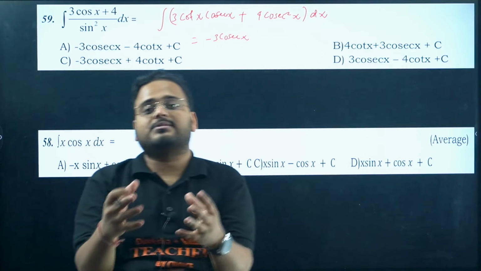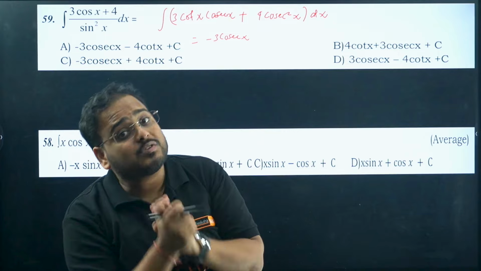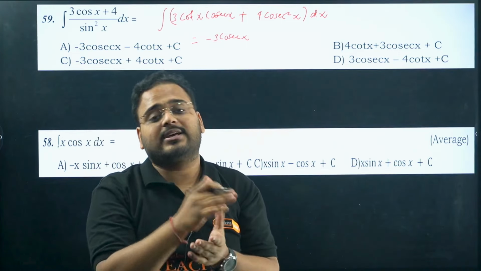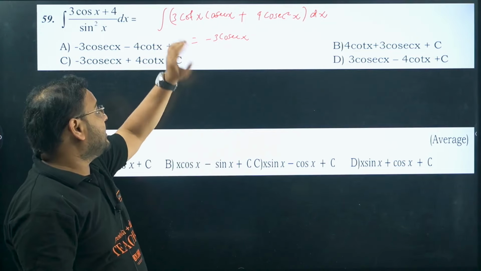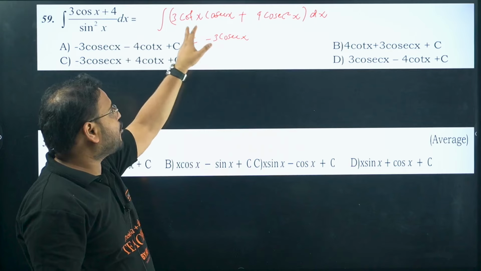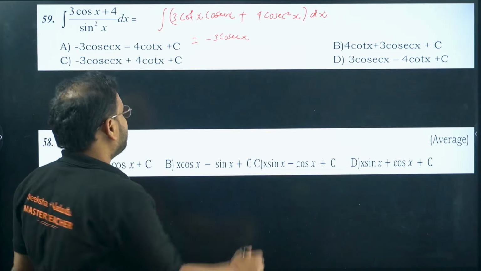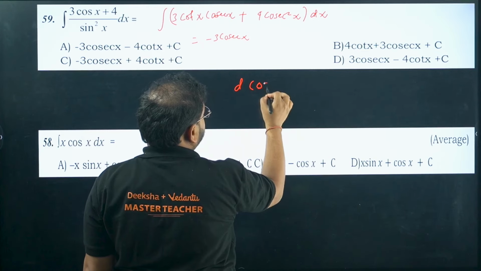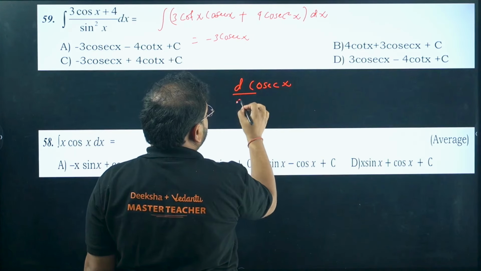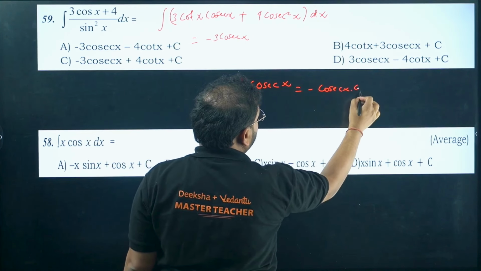Derivative of sec is what? Secant x into tan x. So derivative of cosec x is what? Minus cosec x into cot x. I'm looking for integration here. So integration of cot x into cosec x will become minus cosec x. What did I say? I said that derivative of cosec x is minus cosec x into cot x.